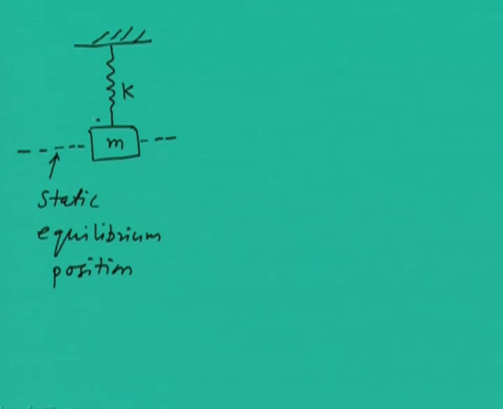Let us say this is the unstretched position of the spring. So this much extension has taken place because of the weight of the mass.